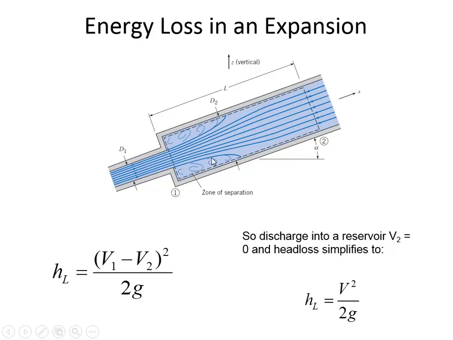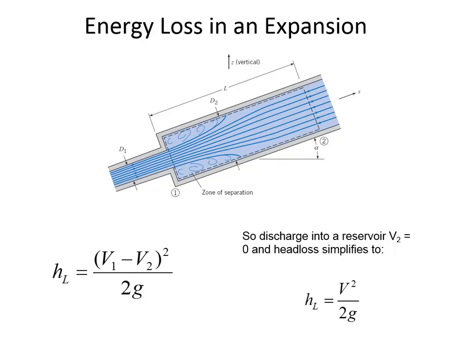If you take that to the extreme and say that it's an expansion and it's a pipe entering a tank, think about what happens when you've got a pipe that discharges into a tank like this. The water's moving along and it has a velocity head, but as soon as the water discharges into the tank, all of the velocity head is lost. It just, poof, vanishes. In this case, this would be 1, and in here is 2, so V2 is going to be 0.